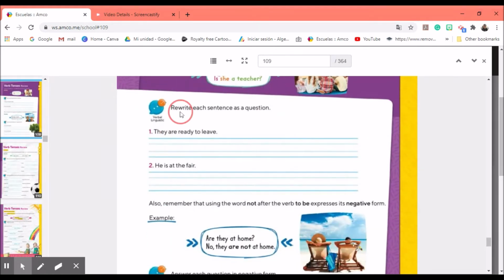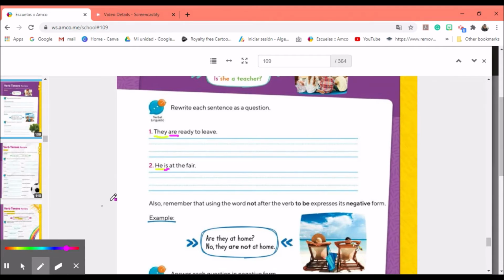Here we have to rewrite each sentence as a question. Let me mark for you the pronoun and the verb to be. The yellow are the pronouns. And the pink ones are the verb to be word.